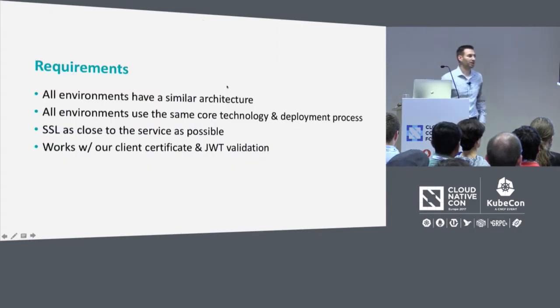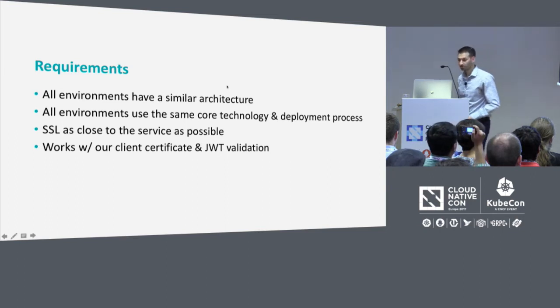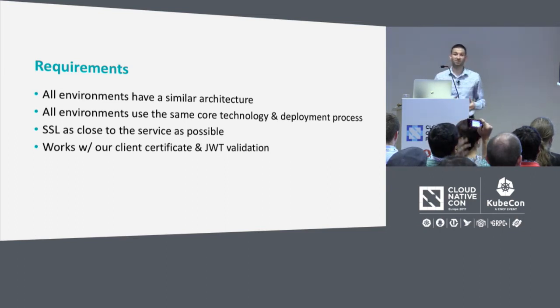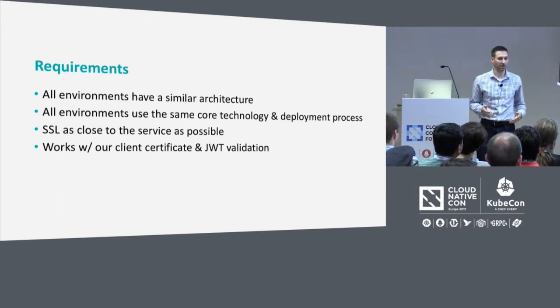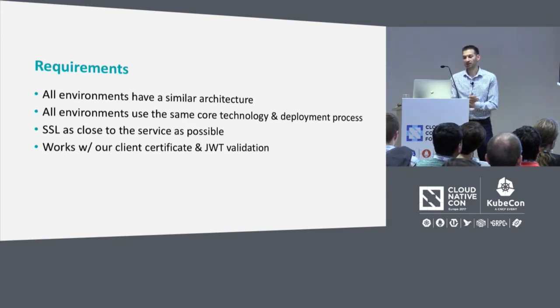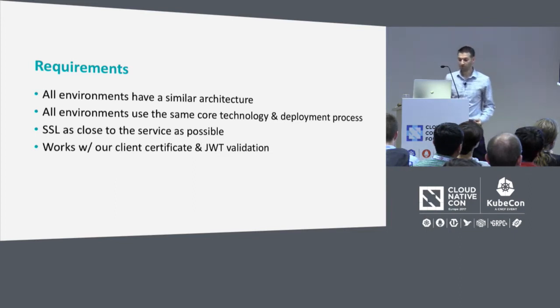OK, so we wanted a better approach. We started to write down our requirements. We wanted the environments to still look as much the same as possible in every location. We wanted to use the same technology in every location as well, if we could.